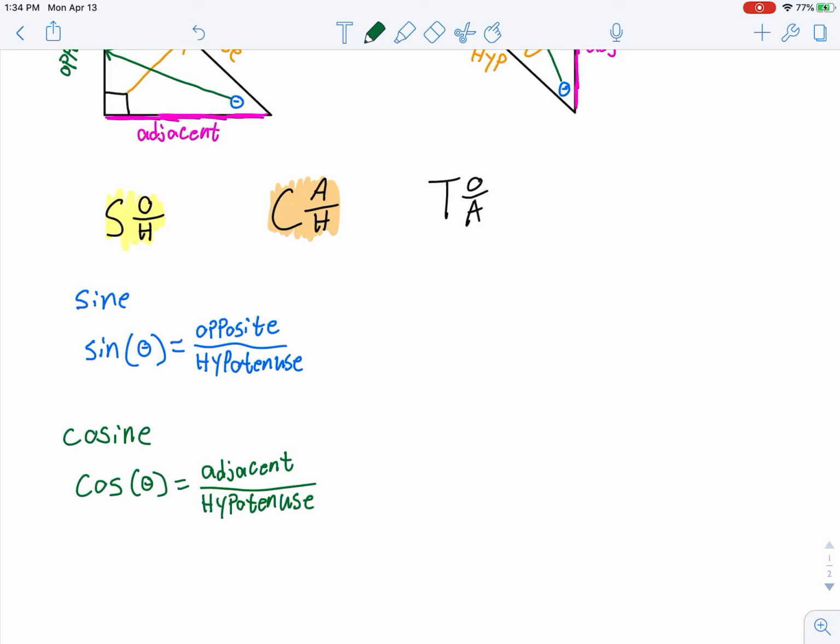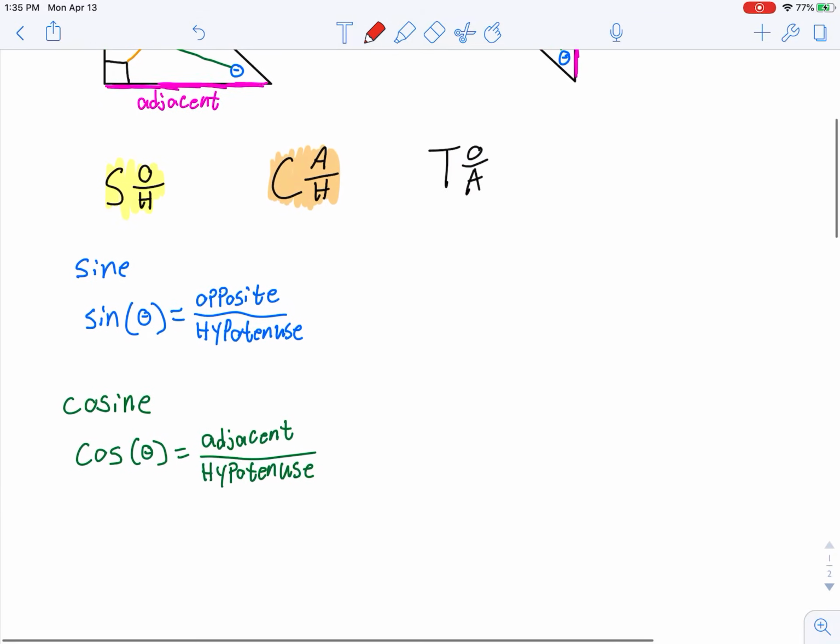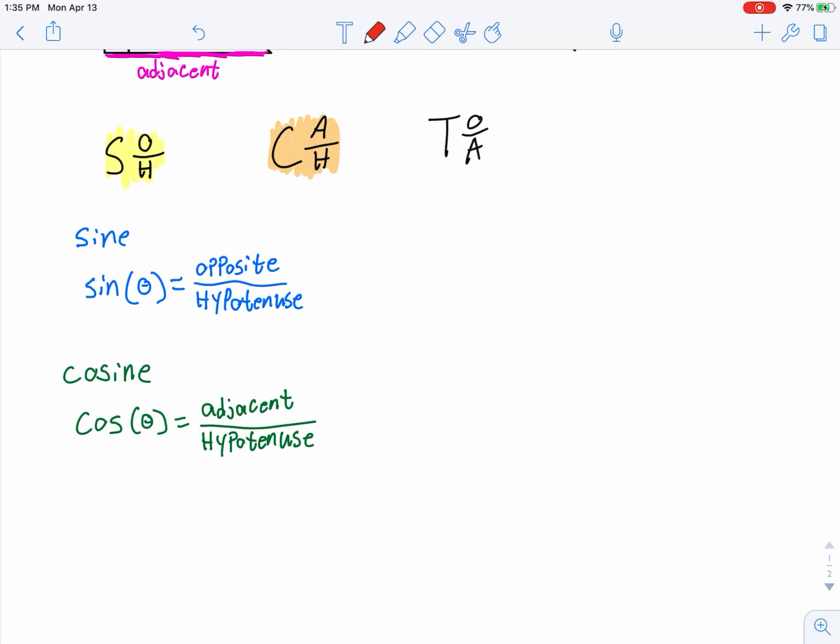Okay? Our last one that we're going to talk about is tangent. And that's the one that starts with the letter T. Alright, so whenever we use to abbreviate it, so T-A-N, and guess what's going inside our parentheses? Our angle.